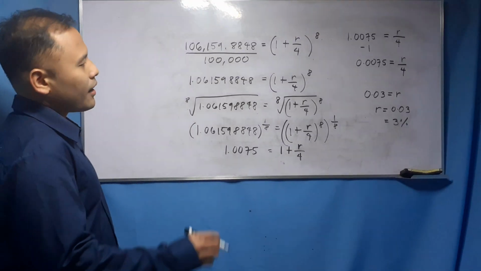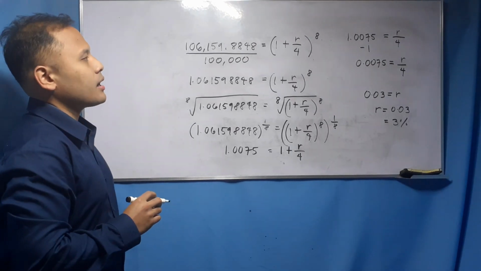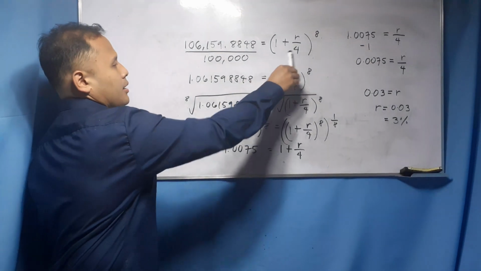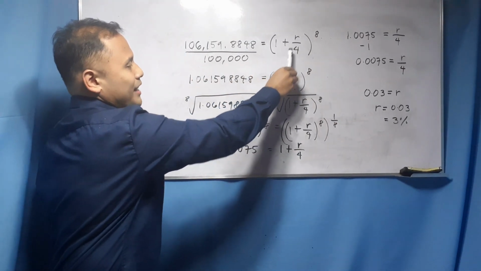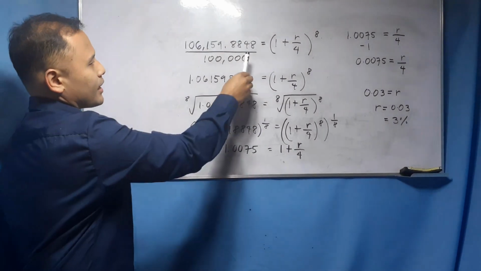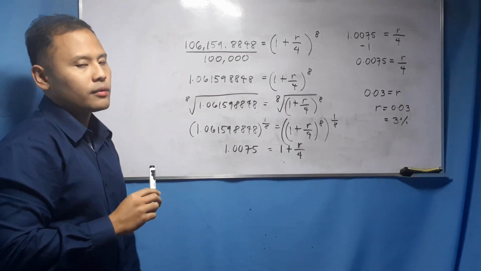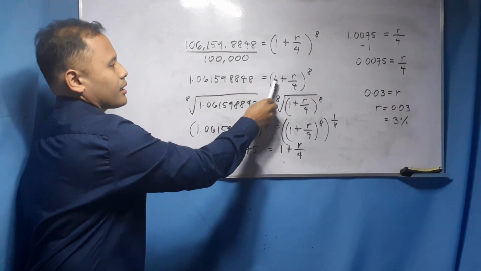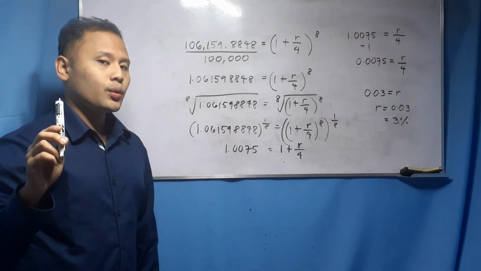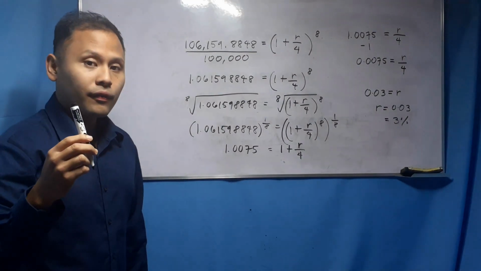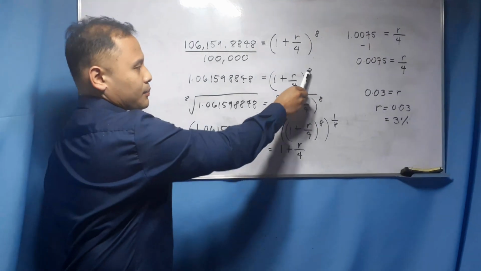Class, we have this another set of solution lines. In the first line, you can see that we have this expression in the right hand side, a binomial raised to the power of 8. In the left hand side, we have the division of two numbers in the second line of solution. In the right hand side, nothing happens. But because we are really interested to solve the value of R, we need to cancel the exponent 8.